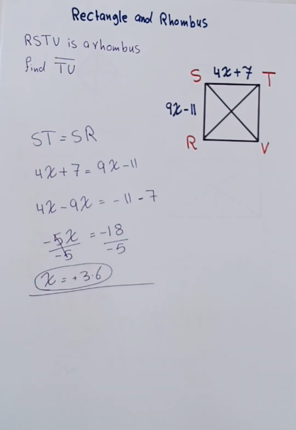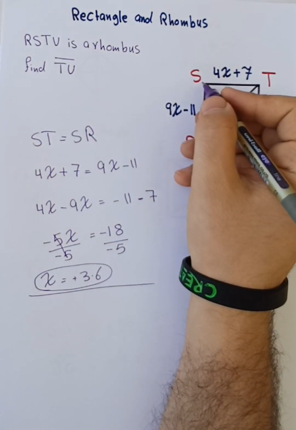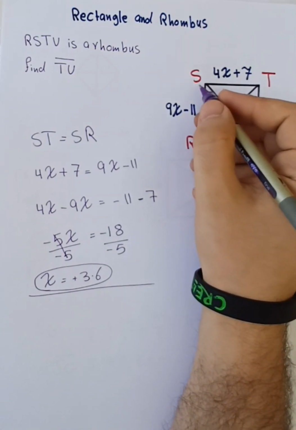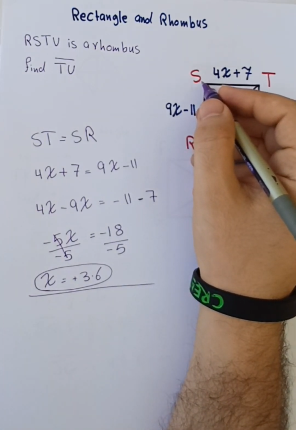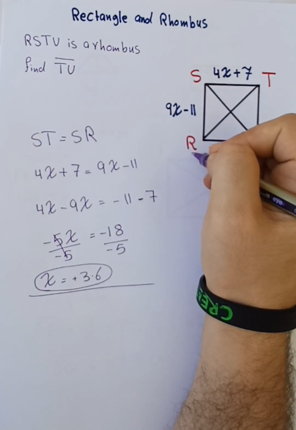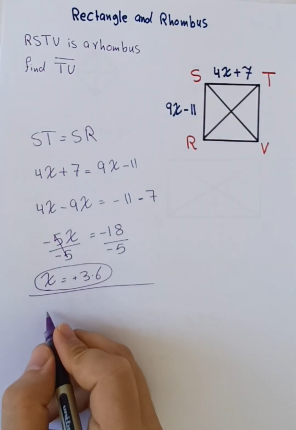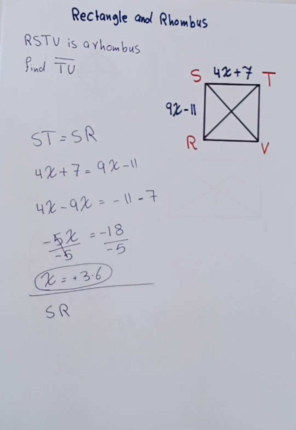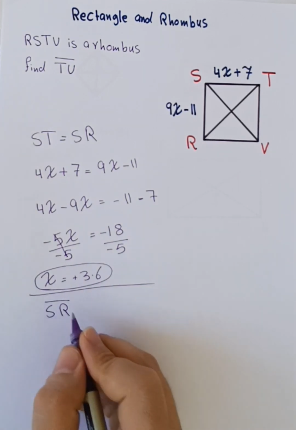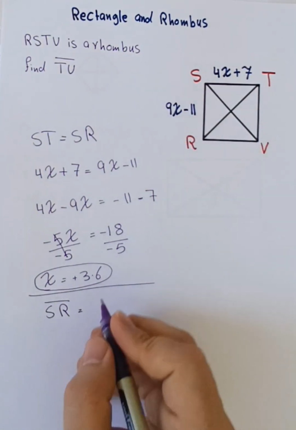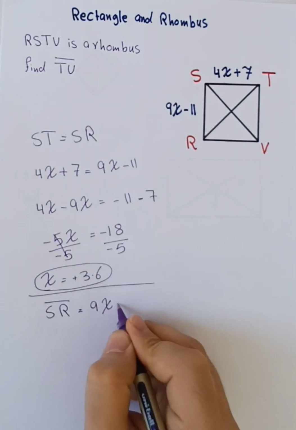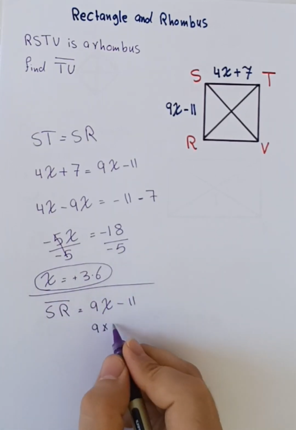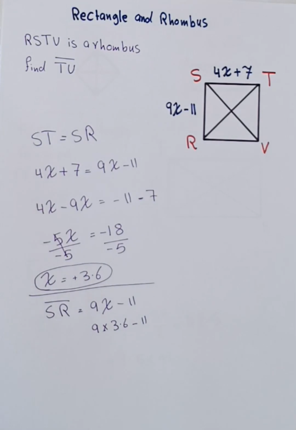3.6, and then we have to find the value of TV. So we can find the value for SR. The value for SR is 9x minus 11. So 9 times the value for x, which is 3.6, minus 11.